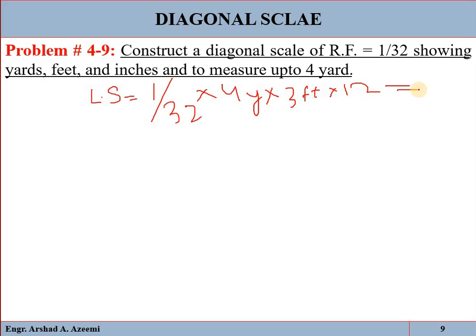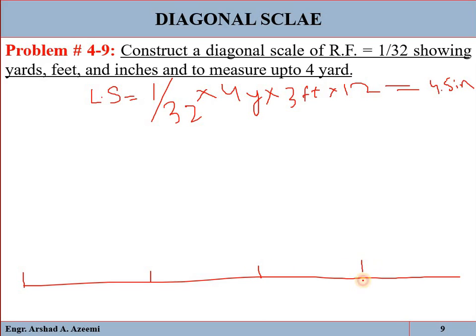So when you solve it, you will get 4.5 inches. Okay, so just draw a line of 4.5 inches, divide it into 4 equal parts. Each part will represent 1 yard. 0, 1, 2, 3, and 1 is to this side, so that is yard.